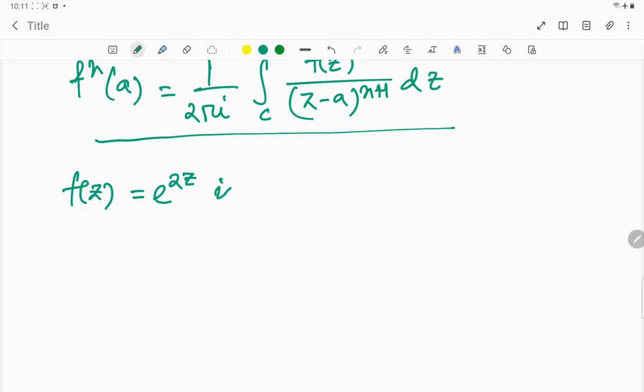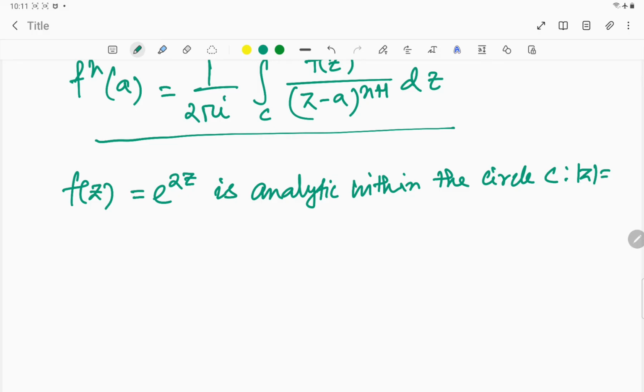This function is analytic within the circle C, which is basically mod z is equal to 2, and you can see that z equal to minus 1 also lies within C.